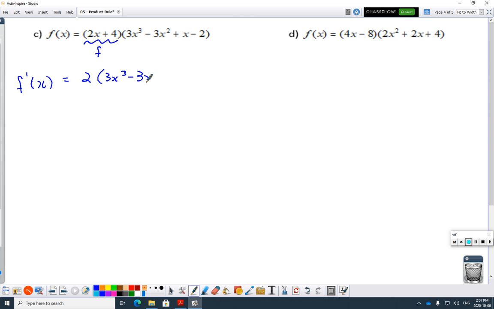And I'm speeding up a little bit, not because of the clock, because I have lots of time, and not because I'm trying to show off, and not because I'm bored. Because I'm trying to inspire you that actually once you get a little better at this, these things go pretty quickly. Derivative of the first times the second, plus derivative of the second times the first.